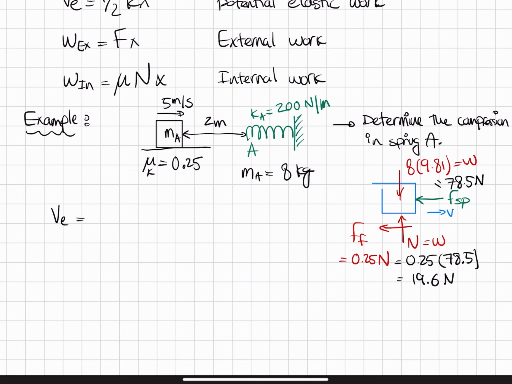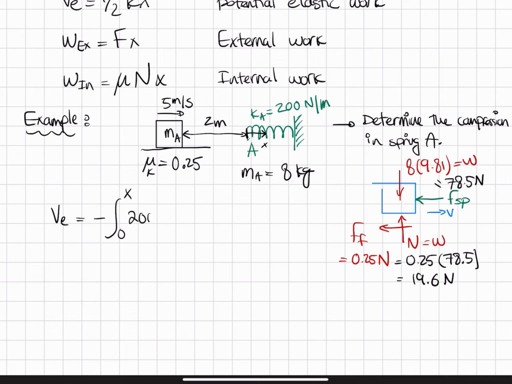So the elastic work is negative. So we have minus the integral from 0 to x. So you're starting from 0, which is this position here, and we move into the spring, meaning we're compressing the spring by x.